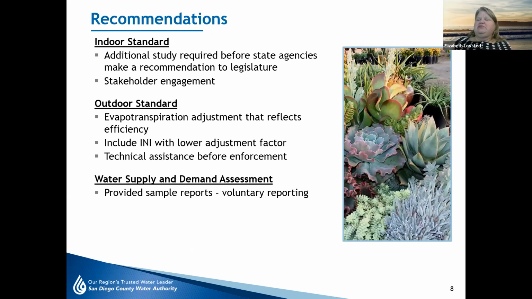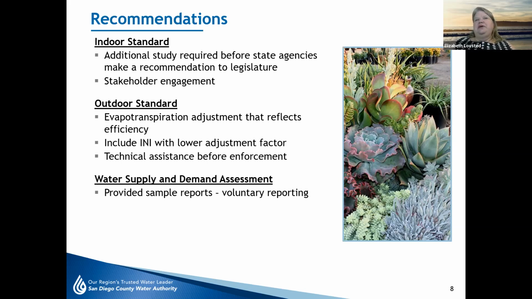So this is just a summary slide. Some of you have probably heard me make this presentation several times. What are we recommending? Again, I'm focused on the indoor and outdoor and the water supply and demand assessment. Variances and commercial, industrial, and institutional will be covered by Jessica and Efren later. For the indoor standard, we really think that some additional study needs to be done.